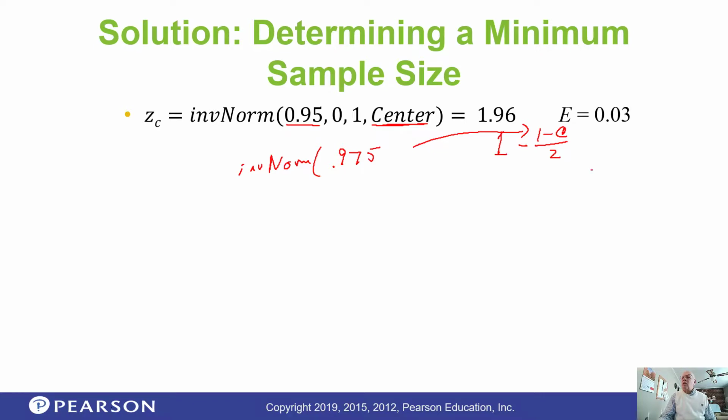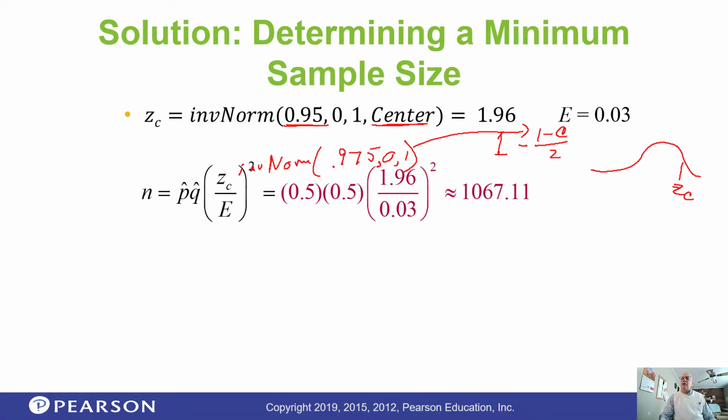That gives you this point right here, the critical z value. But if you do have one of those, and most of you do, don't forget the 0 and the 1. Put that center in, and you can use the 0.95. Put the numbers in. Here's what we get.